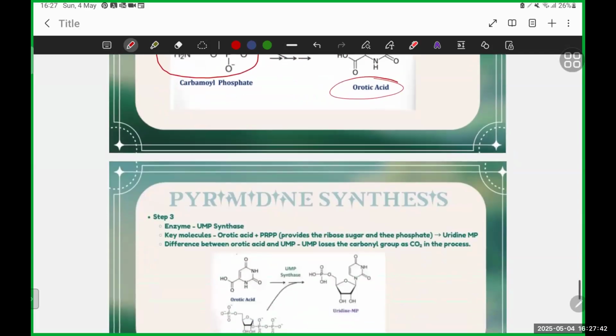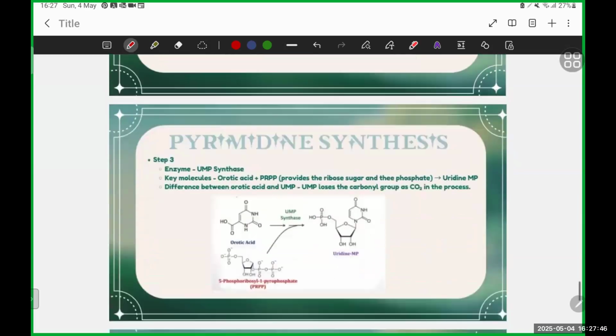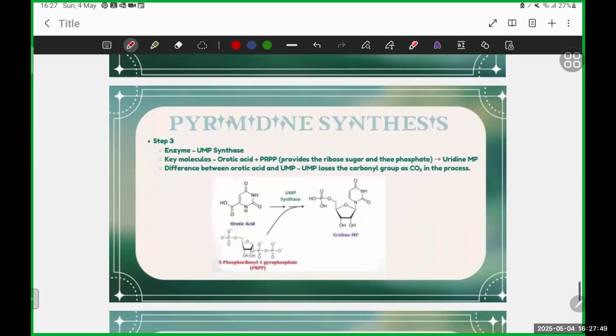Now, obviously, when you have the base, you eventually need to form nucleotides, right? You have your base. Again, our three friends: base, sugar, and phosphate. Sugar and phosphate together is PRPP, and PRPP just wants to be involved everywhere, so it's back again.